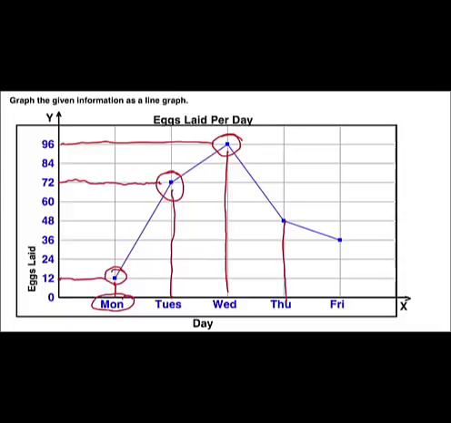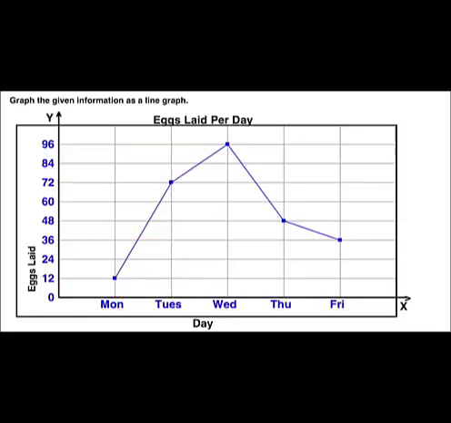Thursday, we see 48 eggs were laid. Friday, 36 eggs were laid. We can see how many eggs are laid each day by going up from the x-axis and then finding where the point meets on the y-axis, just like that.